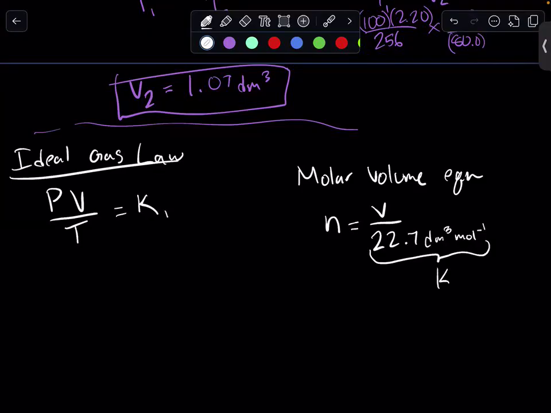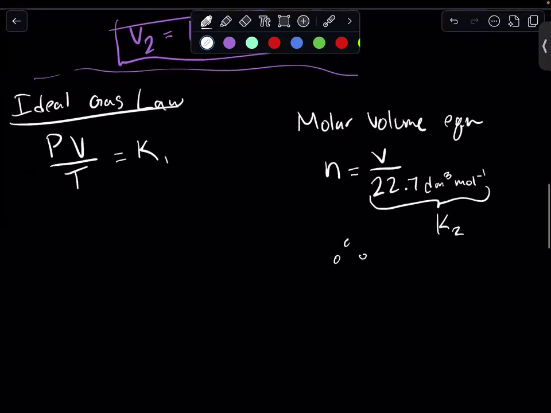So I'll call this constant 1, constant 2. We can rearrange this so that we are setting volume over moles is equal to 22.7. But actually, instead of writing 22.7, I'm going to say constant 2.